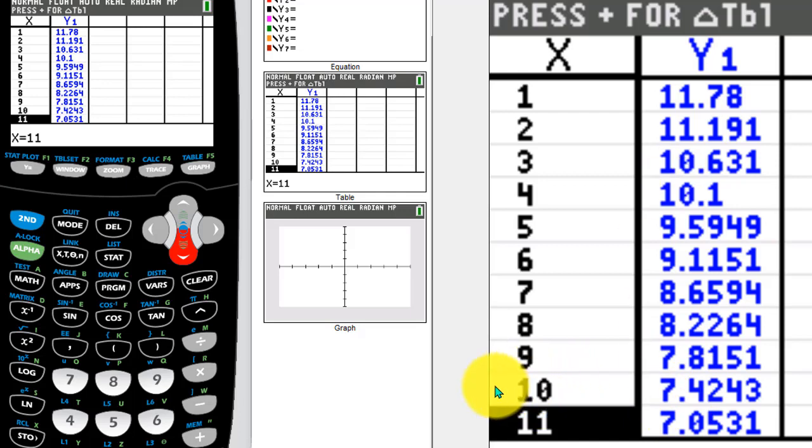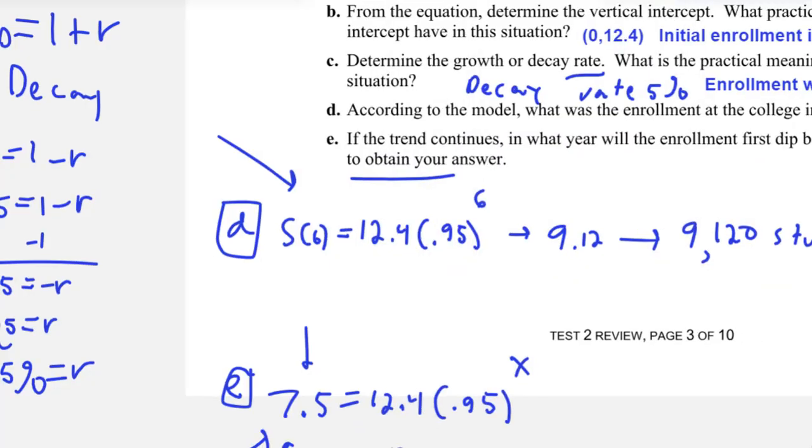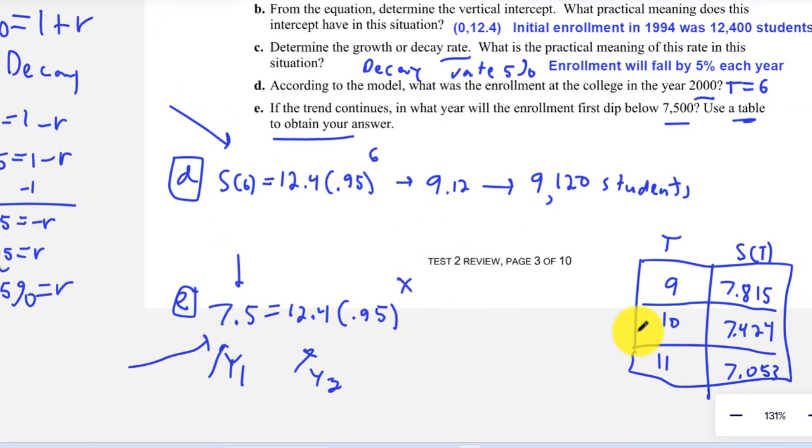So the answer, 7.5, happens somewhere in between year 9 and year 10, right? So if we say year 10 corresponds to 2004, because the base year was 1994. So 10 years after 1994 is 2004. So you would say in 2004.